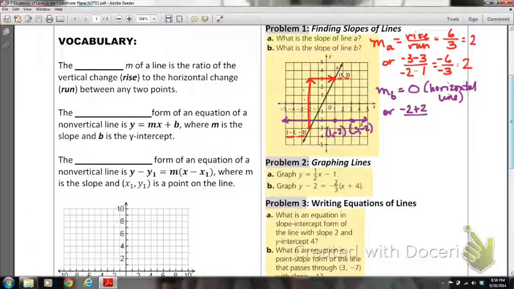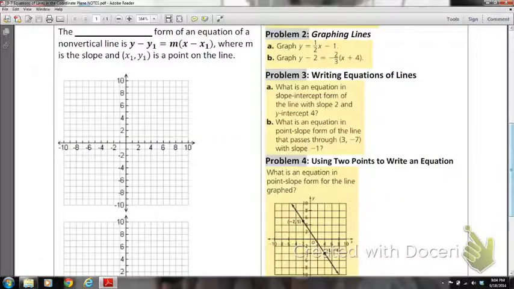And then the difference between your x values is 3 minus 1. So we have 0 over 2, which is 0. Like I said, it's okay to have a 0 in the numerator. It's not okay to have a 0 in the denominator, which is why vertical lines are undefined slopes. So now let's look at problem 2.